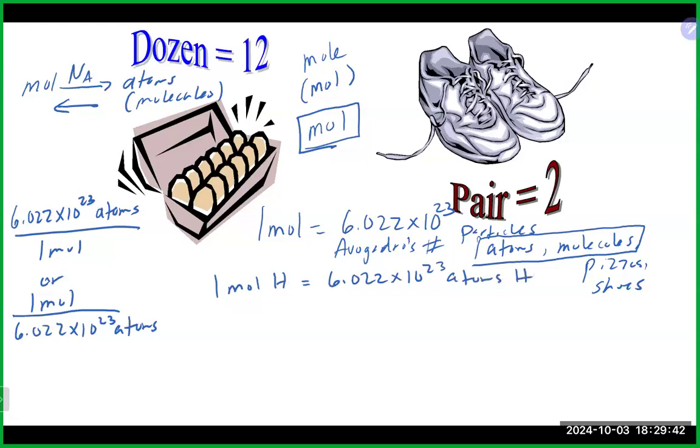That gives us two conversion factors: Avogadro's number over 1 mole, or 1 mole over 6.022 times 10 to the 23. Now, if I had 1 mole of water, I would have 6.022 times 10 to the 23 molecules of water, as water is a molecule. So the units of Avogadro's number can change based on what you're using it for, but atoms and molecules are your two common ones. Any questions on that?